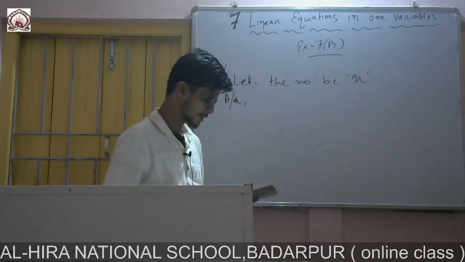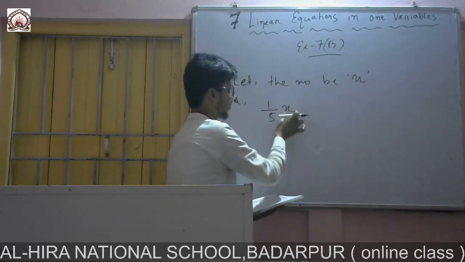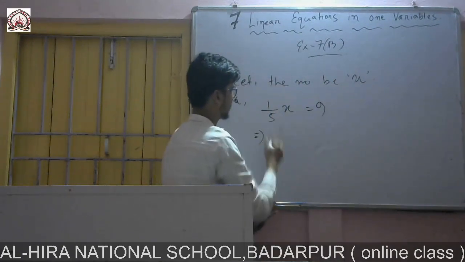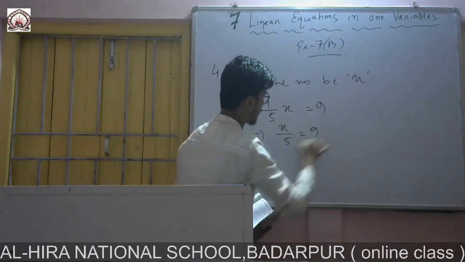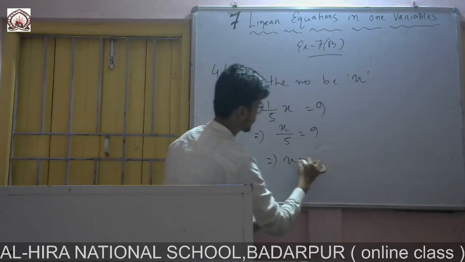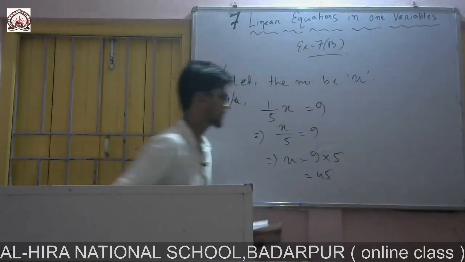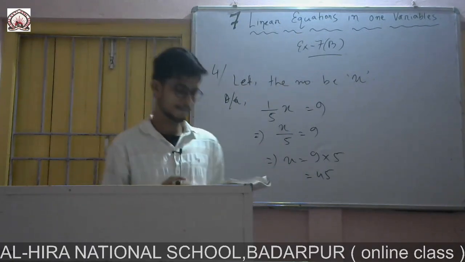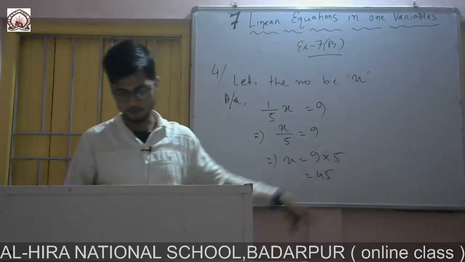According to question, 1/5 of a number, 1/5 of x equals to 9. 1 into x is x by 5 equals to 9. So x equals to 9 into 5, which is equals to 45. 9 5s are 45. Therefore the required number is 45.